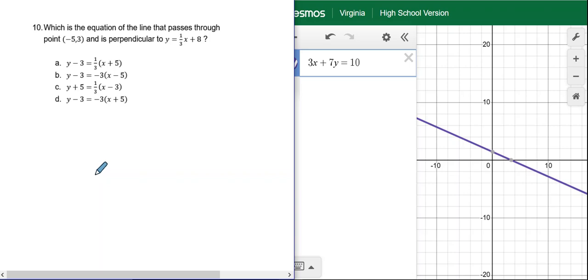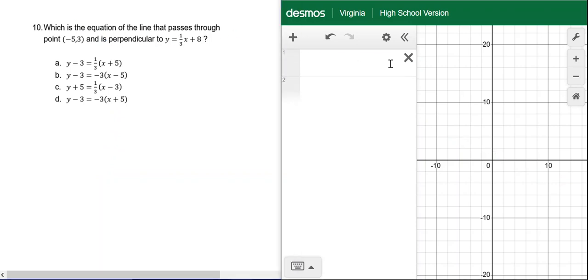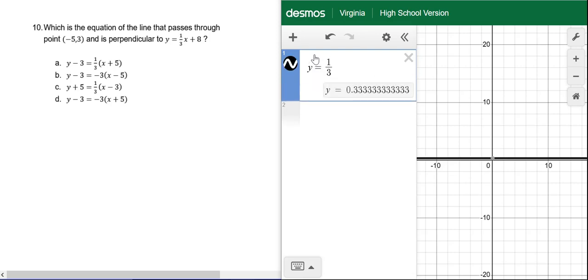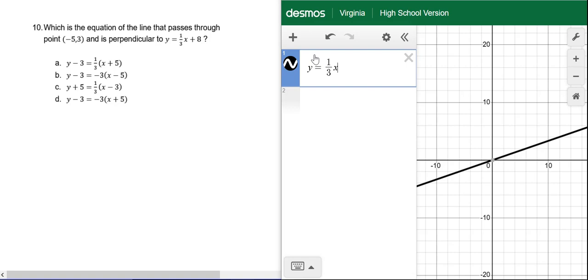Which is the equation of the line that passes through this point and is perpendicular to this line? Now I have this line here. Let me graph it for you. y equals 1 over 3x plus 8. I'm looking for a line that's perpendicular, meaning it's cutting the graph at exactly 90 degrees.